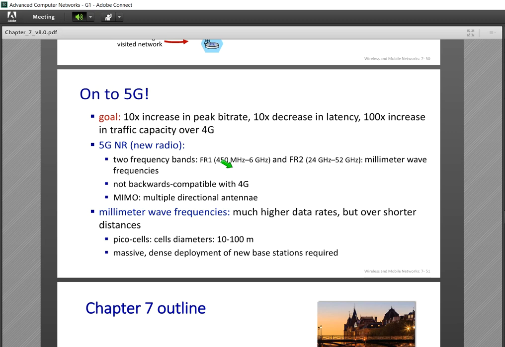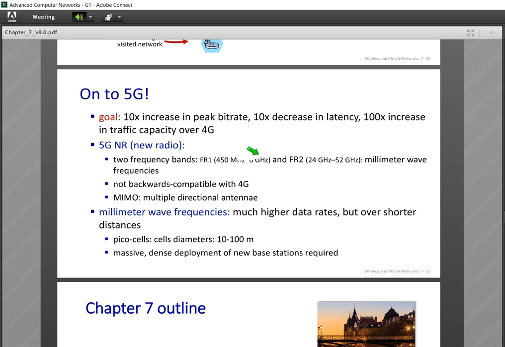Reaching these capabilities, these goals, is not easy. So to do this, the scientists assign new radio channels for 5G networks, or we call it 5G NR. NR means new radio.